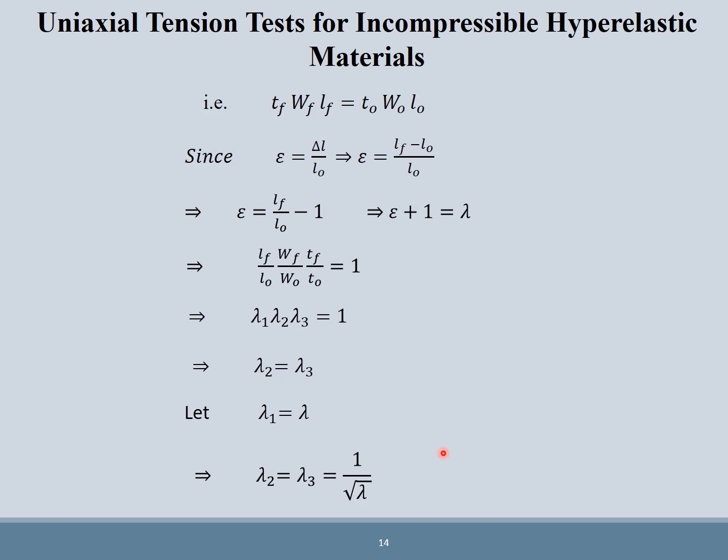In numericals, sometimes I will say that the axial stretch is that much, so lambda 1 is lambda, but sometimes I'll give you the lateral stretch. So when the lateral stretch is given, that is lambda 2 and lambda 3, we need to determine lambda.